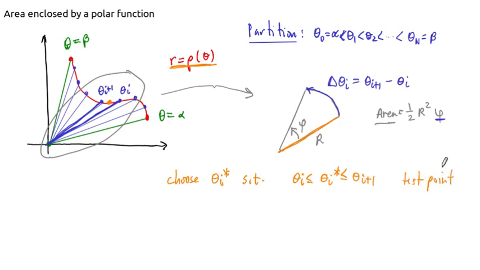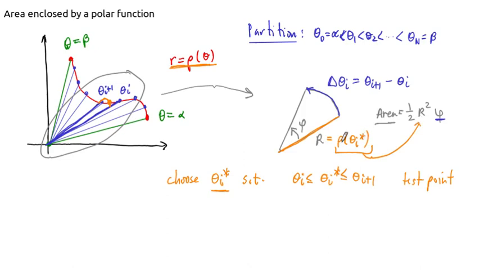And then we're going to use this theta I star to plug in and find our radius. And I already drew the point over here on the curve, so we can cap this off with a little cap of a circle here. And so we're going to say that our radius is equal to rho. Rho is our function, remember, of theta I star. And so this will go in for our r squared.